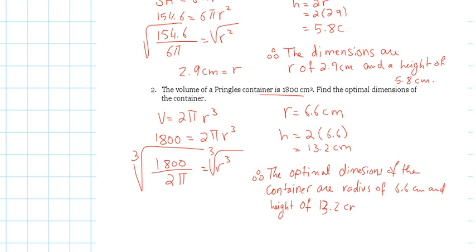Can I, for example, add to this question and ask you what would be the minimal surface area? So if I asked you that, what would you do to find it? You can use 6 pi r squared, and then what do you do? Let me add a question here.